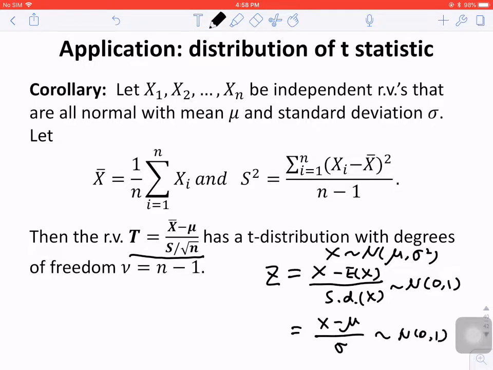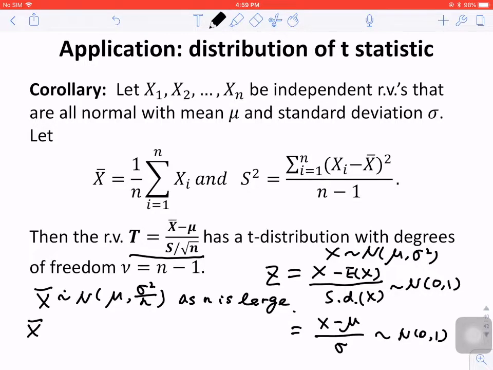Also, we have discussed that x bar, the sample mean, follows a normal distribution with mean mu and variance sigma squared divided by n, as n is large enough. We can do the same thing for x bar.